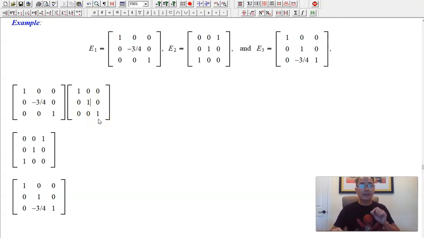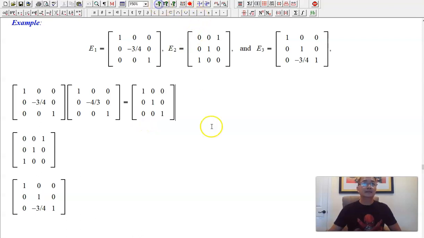I need to think of a number in that position so that when you multiply that number by -3/4, you get positive 1. Well, you know algebra. Oh, linear algebra. We are looking for -4/3. If you multiply those two numbers together, you will get positive 1.